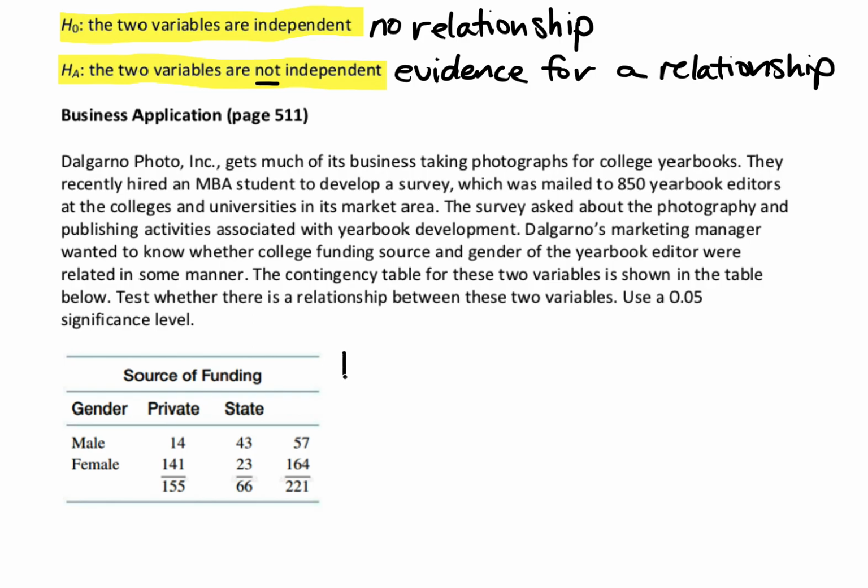So of course we're going to start with our null and alternative hypotheses. So our null hypothesis is going to be that the gender of the yearbook editor and the funding source are independent. Or in other words, there's no relationship.